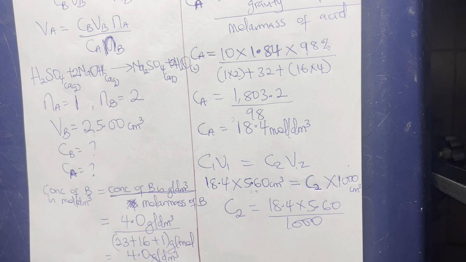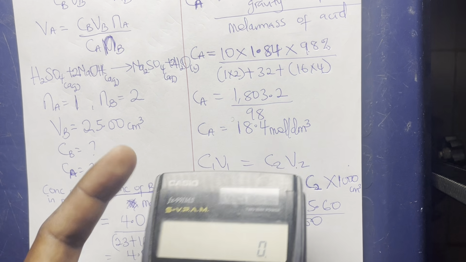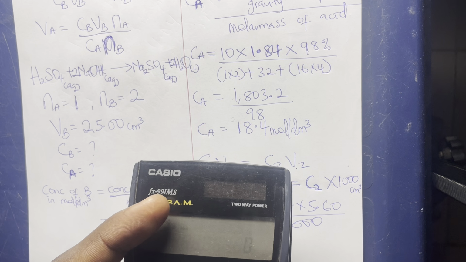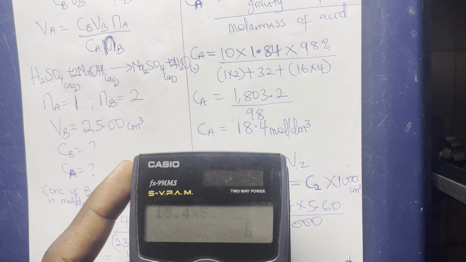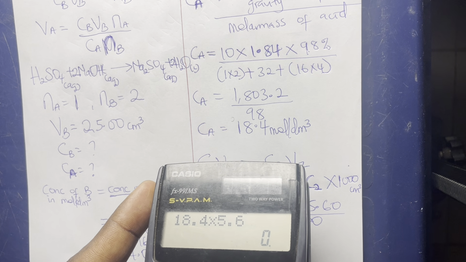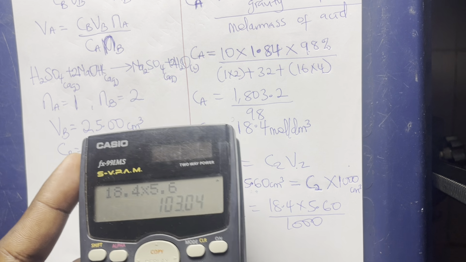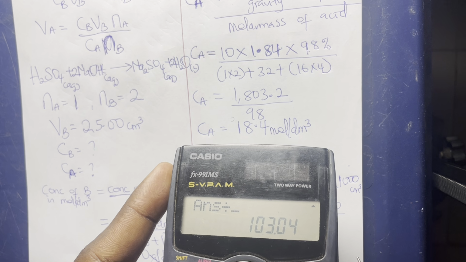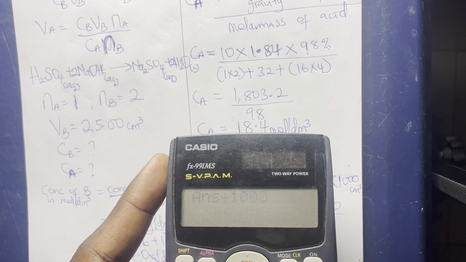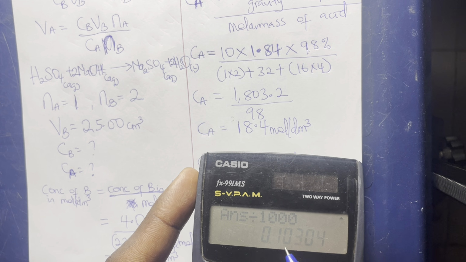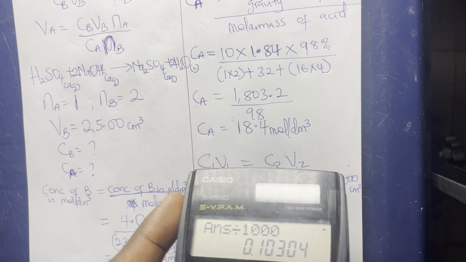Let's do the mathematics with the calculator. 18.4 times 5.6, divided by 1000, gives us 0.10304, as you can see.